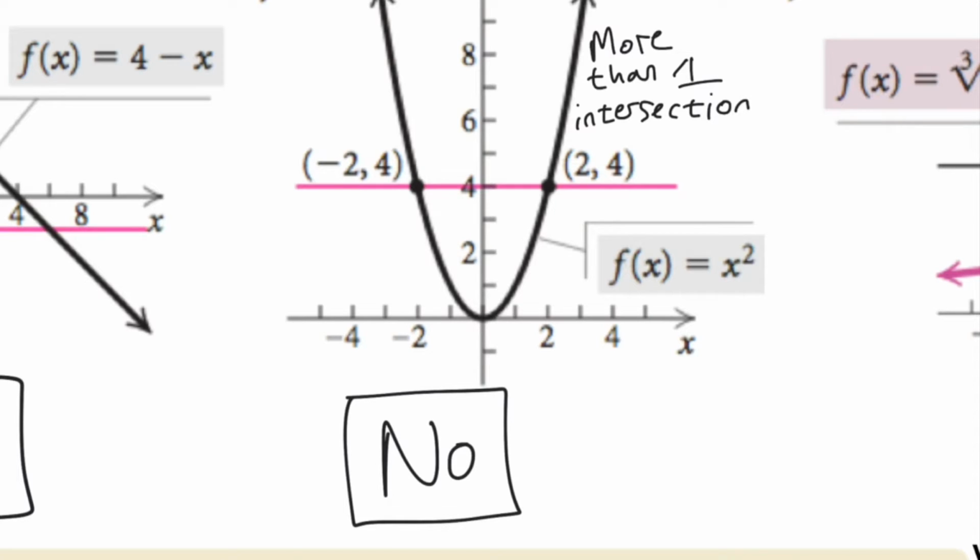Here, check this out. We are able to draw a horizontal line that intersects at 2 points. So if you were to flip this over the line y equals x, then it would have a vertical line that would pass through 2 of these points. Anyway, it's a horizontal line on the original, and it has more than one intersection, so no, the inverse is not a function.